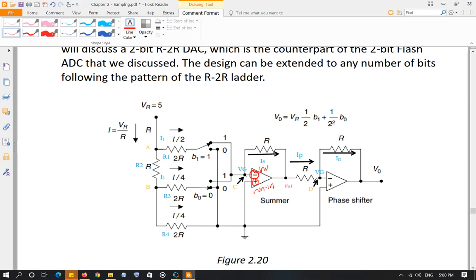But in general, for the sake of understanding this circuit, remember that the voltage here, which is ground, is also going to appear over here. So the voltage at the inverting terminal is going to be 0 volts as well. And that's why we call it VG. VG is virtual ground. That's what VG is.